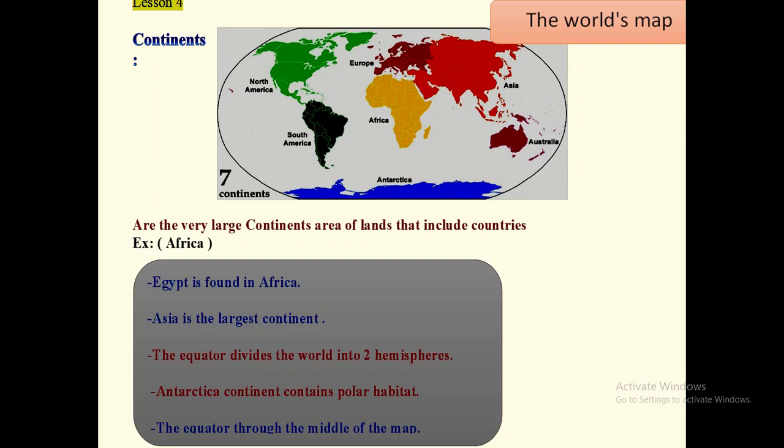Egypt is found in Africa. Asia is the largest continent. The equator divides the world in 2 hemispheres. Antarctica continent contains polar habitat.